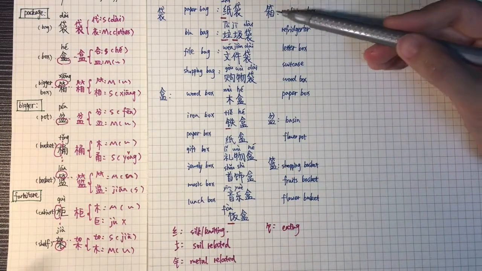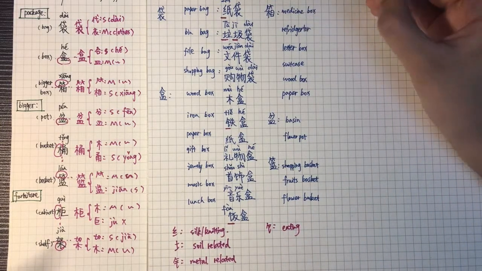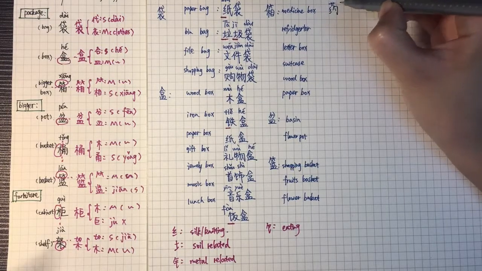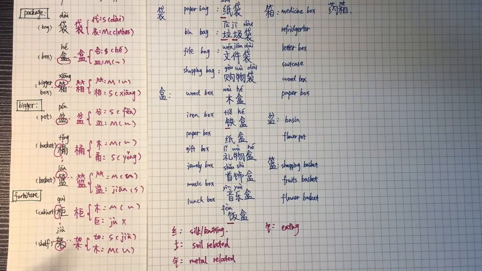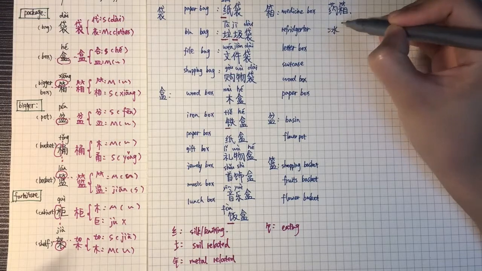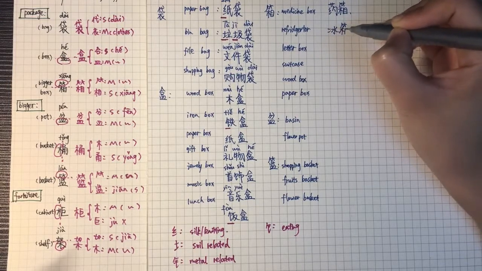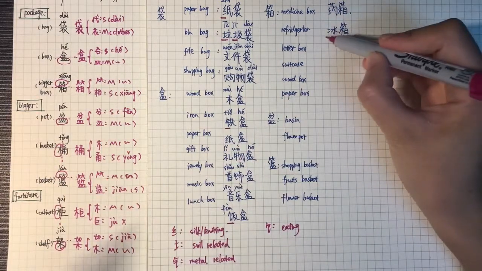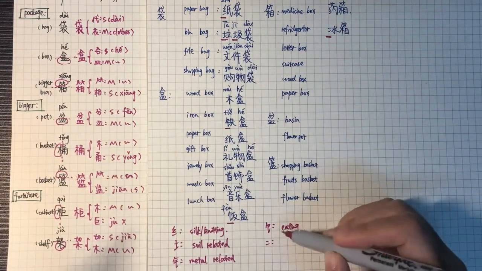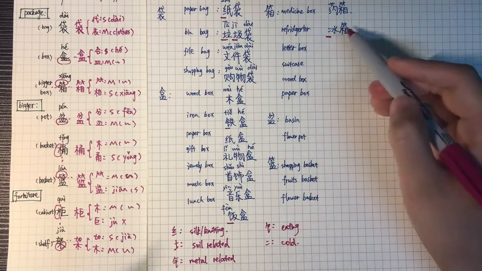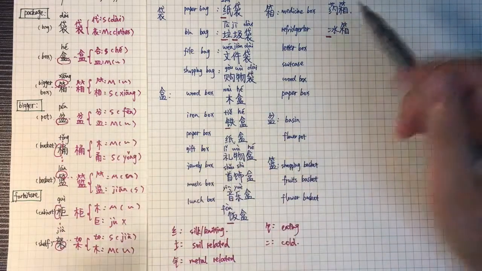Okay, so let's see. Medicine box, 药盒. 药箱. And refrigerator, 冰箱. Here this radical means cold, and 冰 means ice.